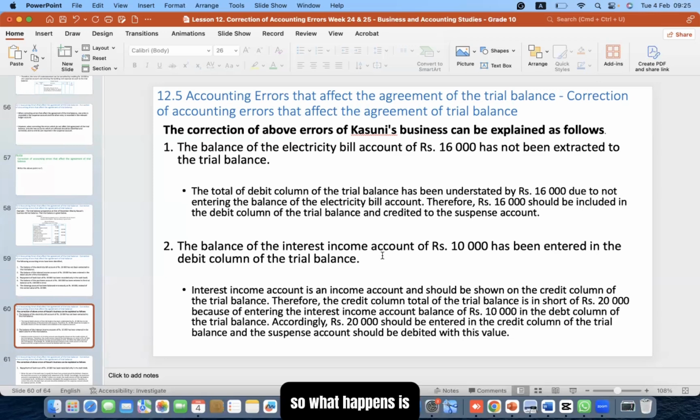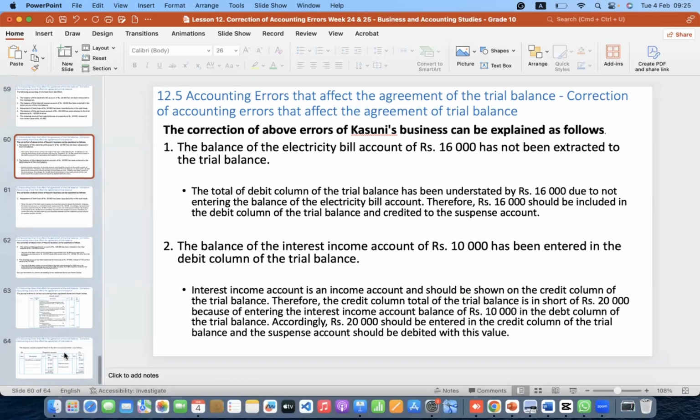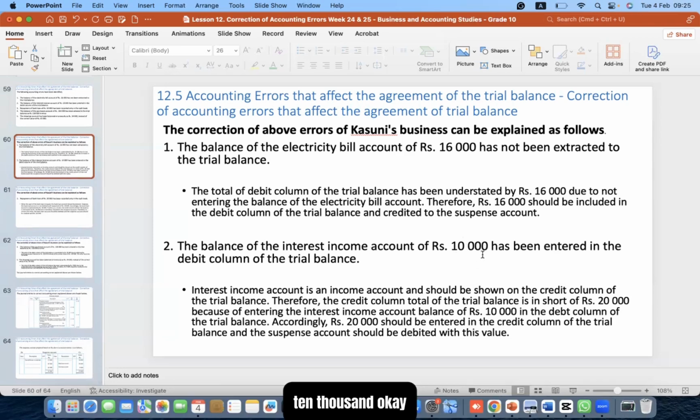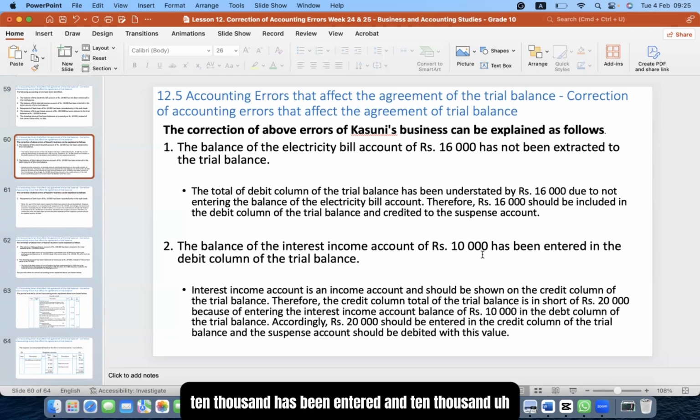Here the thing is the value. Now here you have the interest income account 10,000. 10,000 has been entered in the debit column.